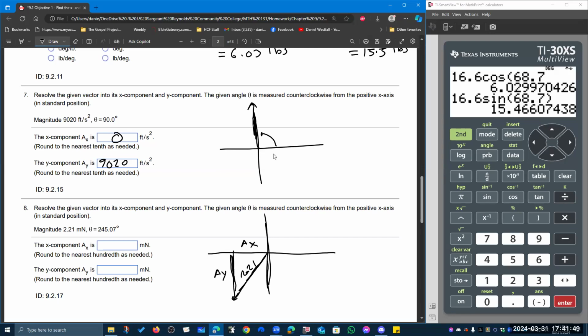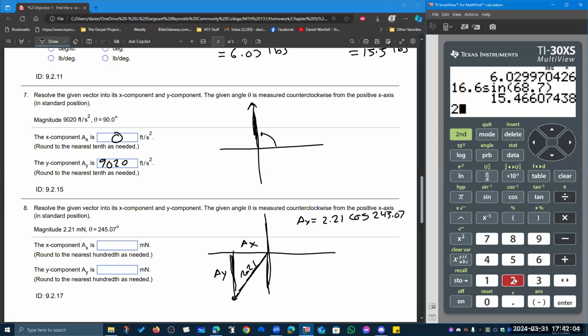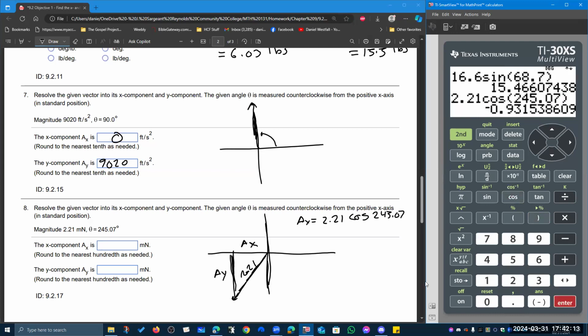So a sub x is going to be 2.21 millinewtons times the cosine of 245.07. 2.21 cosine of 245.07 is going to give me, to the nearest hundredth, negative 0.93.